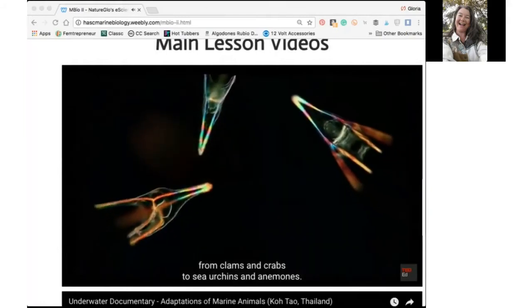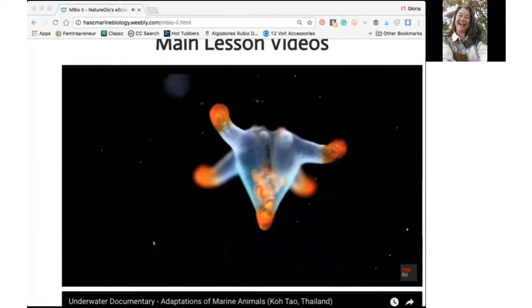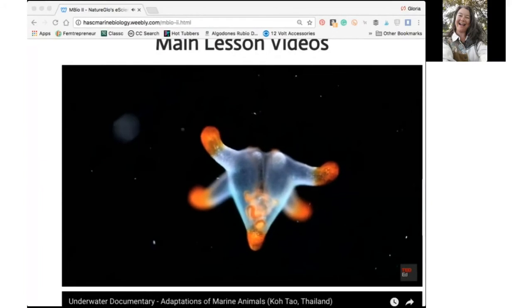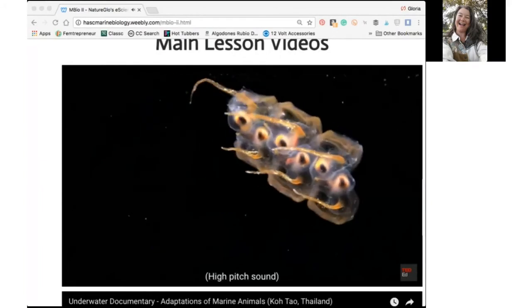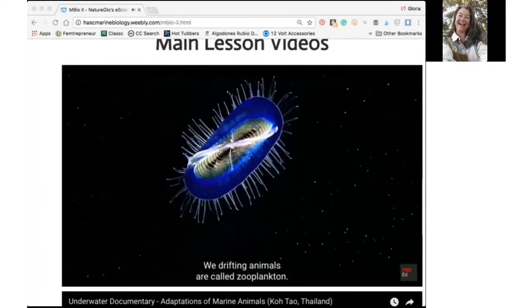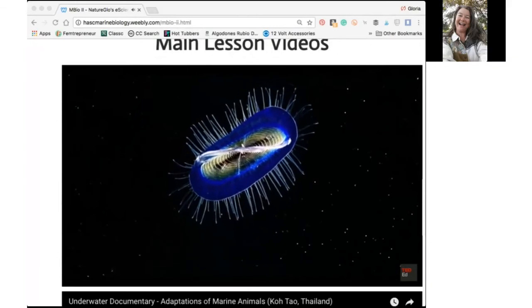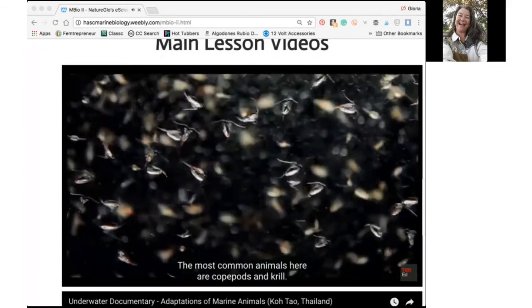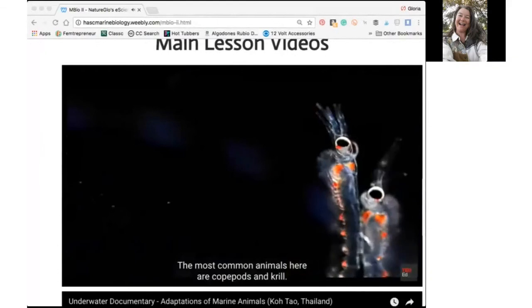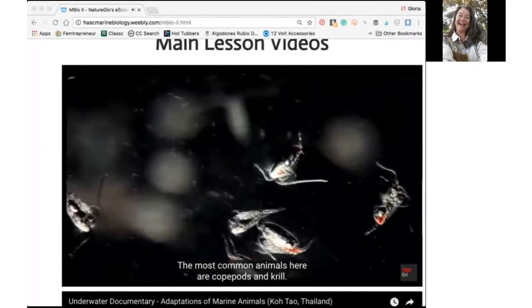We drifting animals are called zooplankton. The most common animals here are copepods and krill. You could search the world over, but you'd never find a place more diverse than my childhood home.